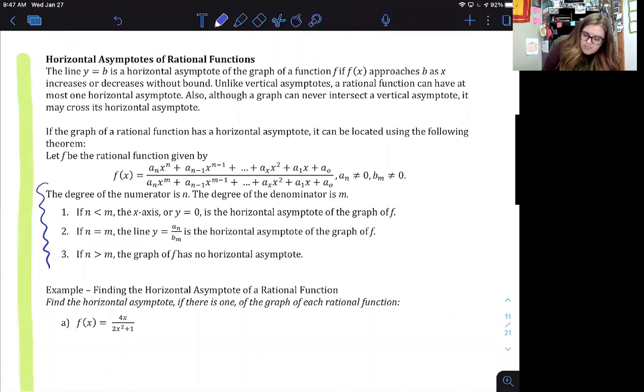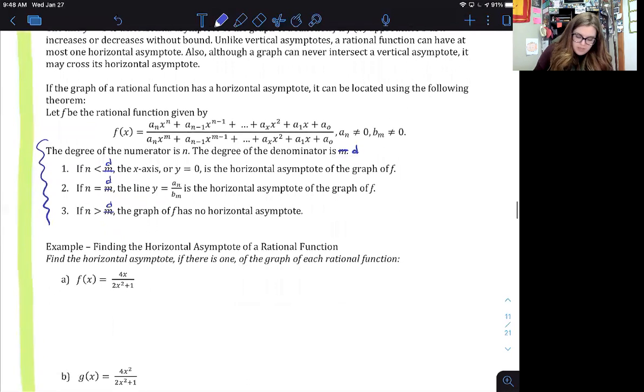If you want to change that to be a lowercase d so it's easier to keep track of, I'm okay with that. If n is less than d, the x-axis, or y equals 0, is our horizontal asymptote. If n equals d, we look at the leading coefficients, and that becomes our y equals horizontal asymptote. And if n is greater than d, the graph of f has no horizontal asymptote.